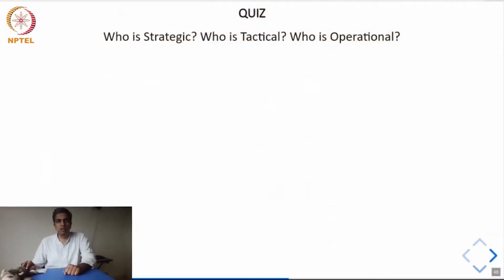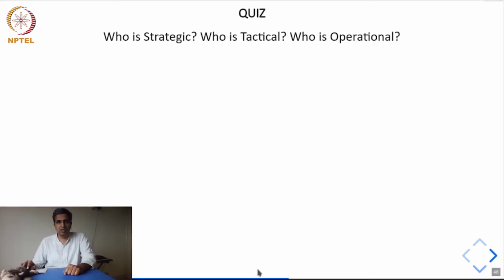Based on some activity, you can take a guess as to whether they are strategic, tactical, or operational. This is, of course, not for evaluation, just something to refresh you on what we just covered. It's a sort of fun quiz, so to speak. No marks attached to it.